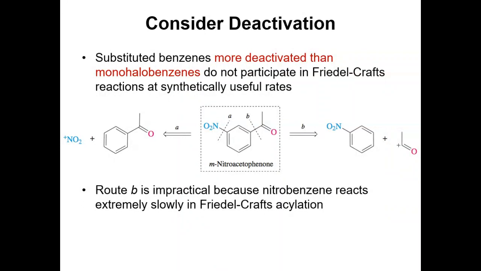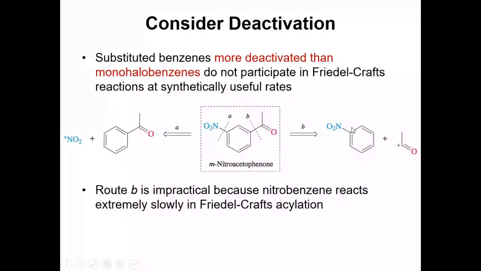Slightly deactivated rings, like halogenated benzene, it probably works. But anything less activated than halogenated benzenes, their Friedel-Crafts reaction will be exceedingly slow, not practical. So if you know that, you immediately rule out this approach.